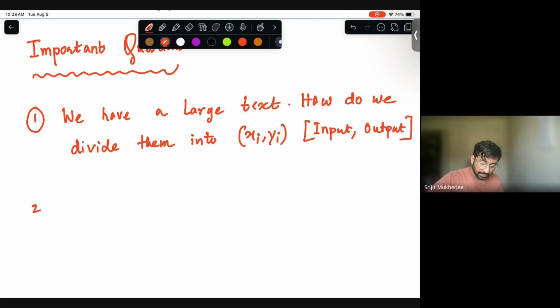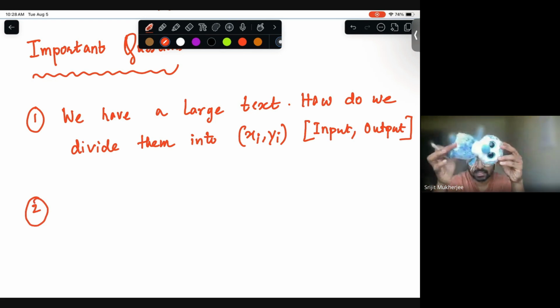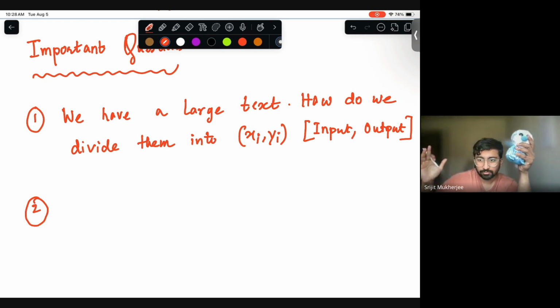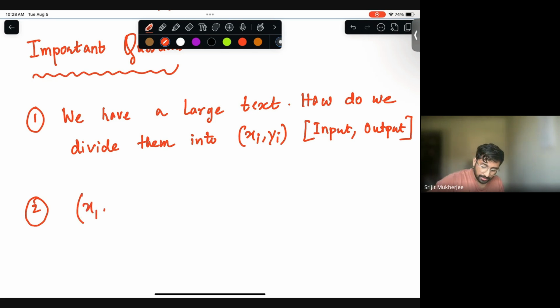And the second important thing is, if I take an image of this toy and I take another image, or maybe two images of two different toys, these are independent. You see that x1, y1 is independent of x2, y2.